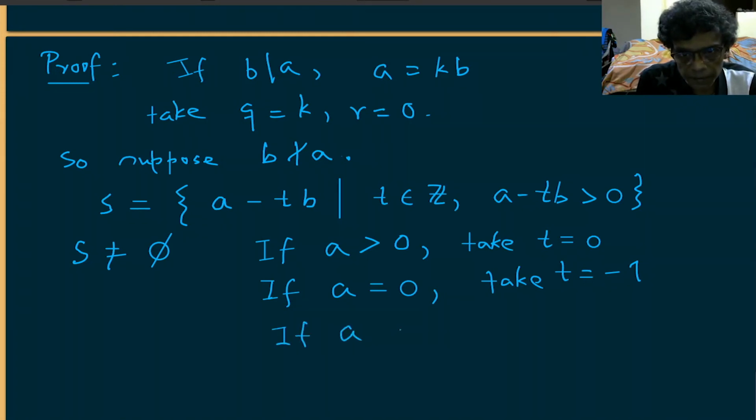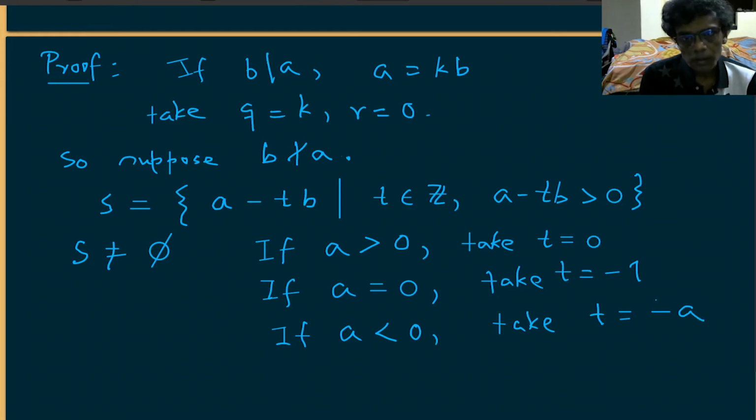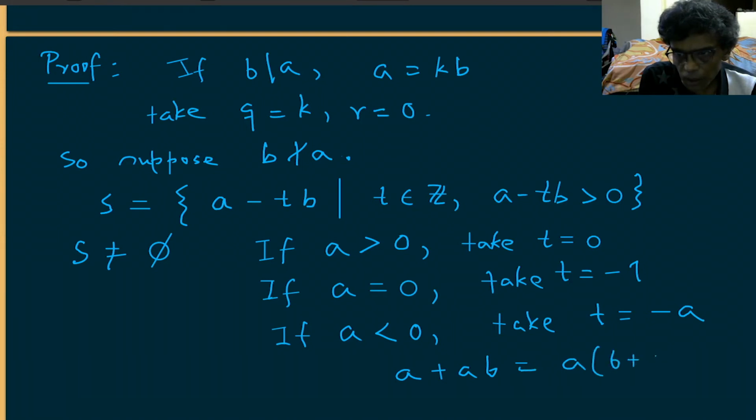On the other hand, if A is less than 0, take T sufficiently negative. Why does this work?